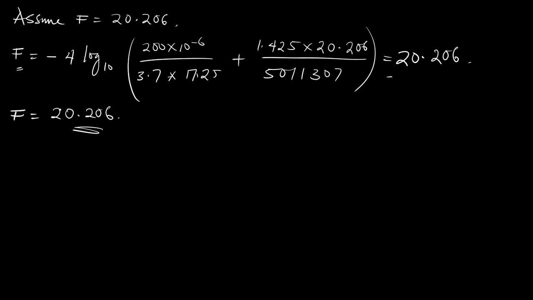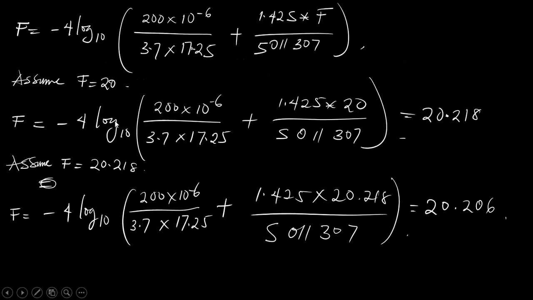Since this F is equal to the assumed value, this is where we stop. Now we have gotten the transmission factor. So having gotten the transmission factor, we now make use of it to calculate our values.